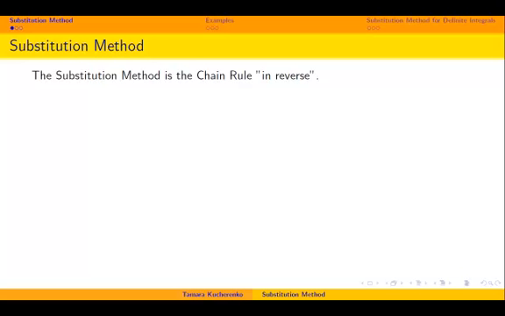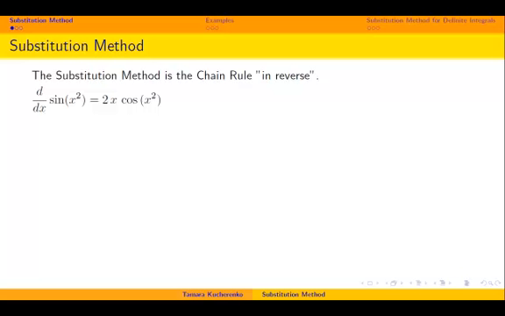As an example, consider the function sine of x squared. According to the chain rule, the derivative of sine of x squared is 2x cosine of x squared.